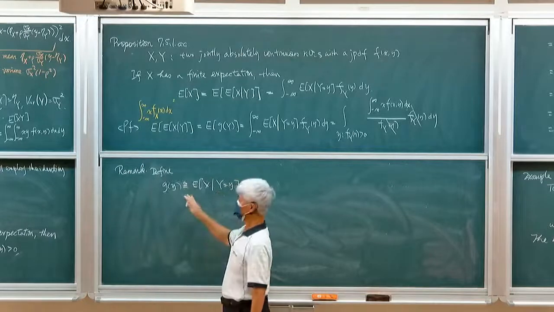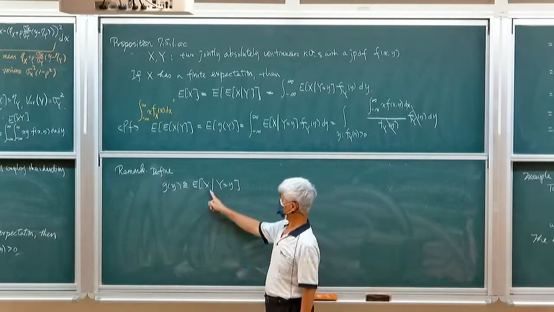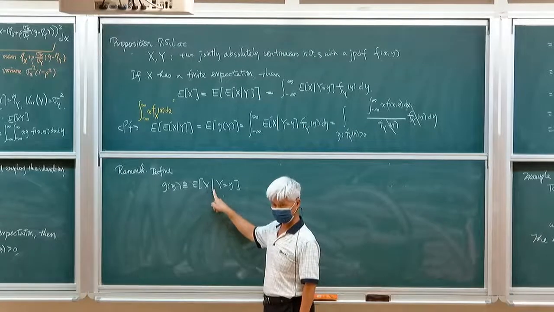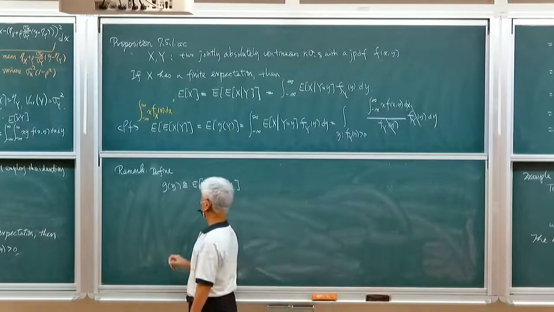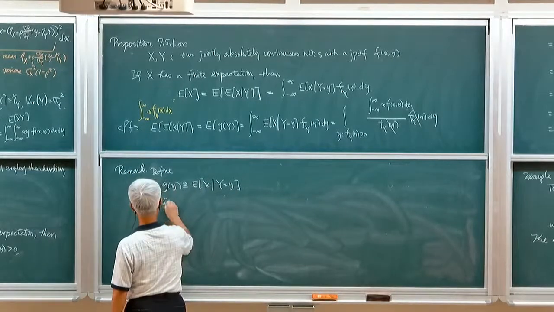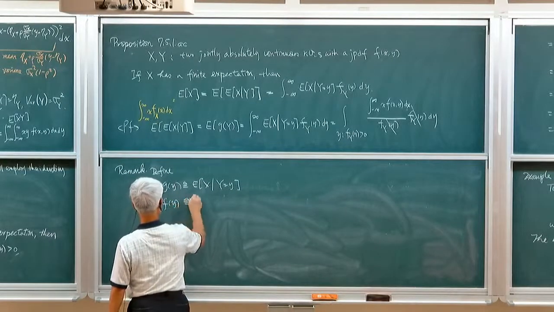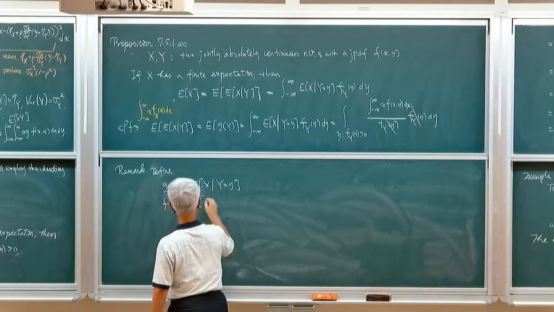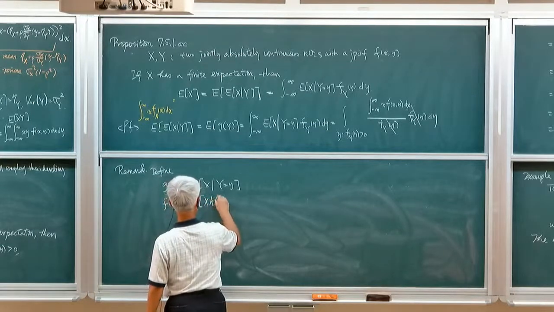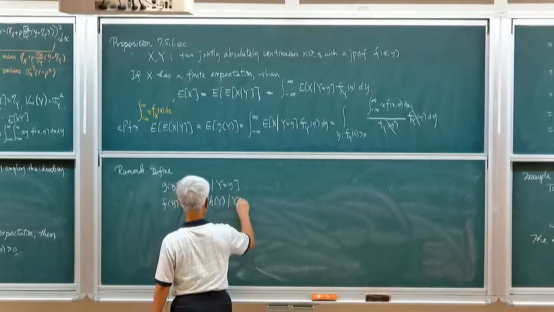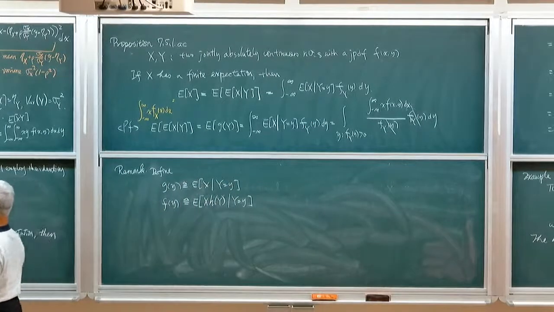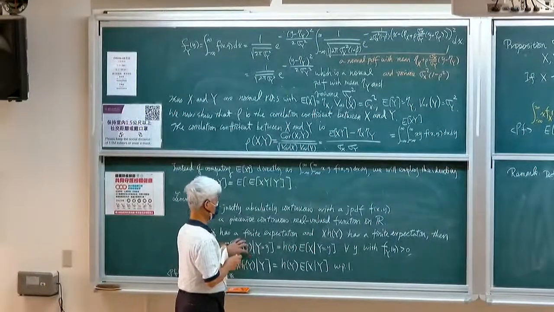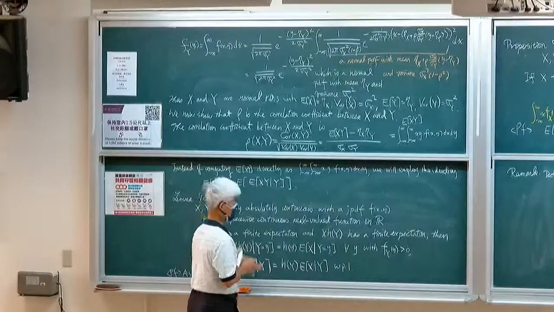As before, g of y is the conditional expectation of random variable X given that random variable Y is equal to little y, and f of y is defined to be the conditional expectation of this random variable.